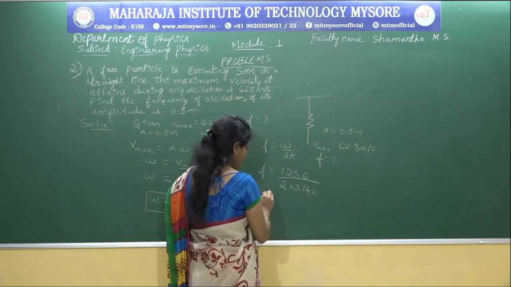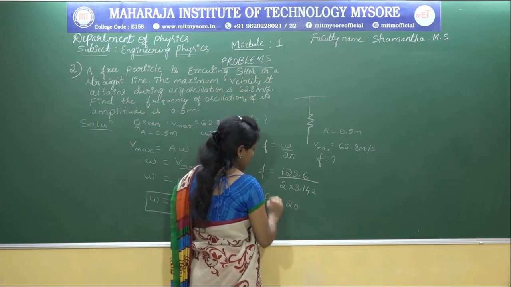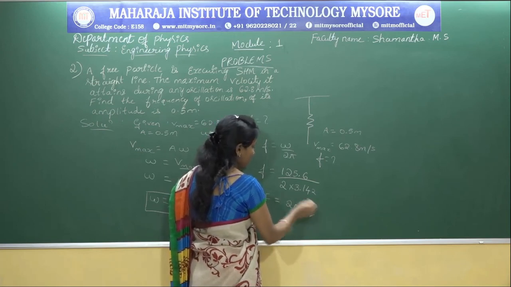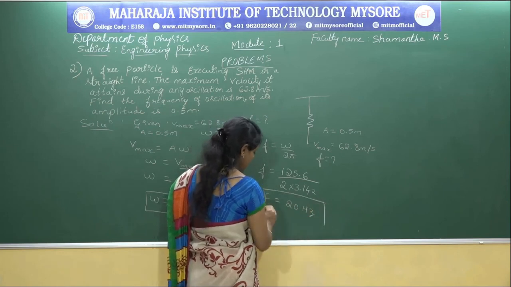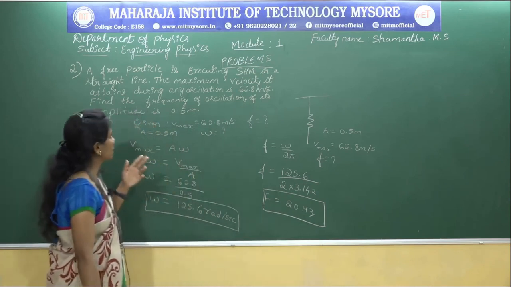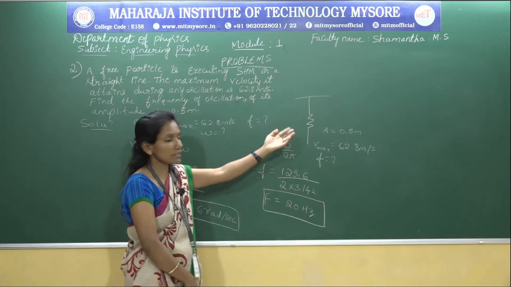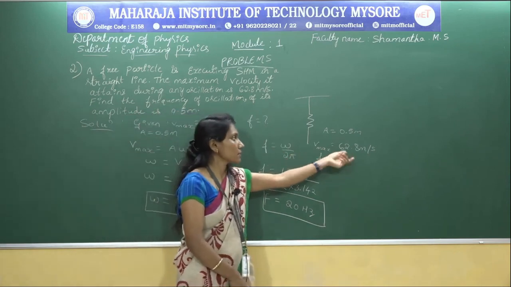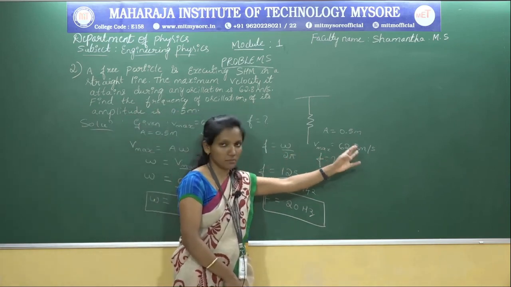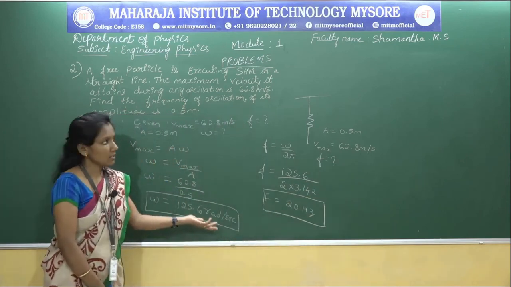Then the frequency we get is f is equal to 20 hertz. What is the unit for frequency? Hertz. So, this is the angular frequency and frequency for the particle which is executing with the maximum velocity of 62.8 meter per second.